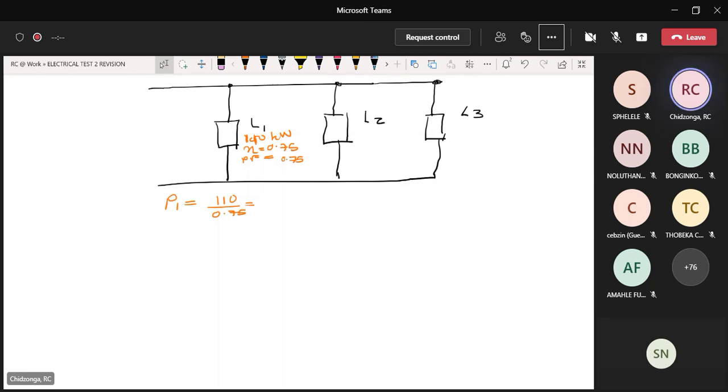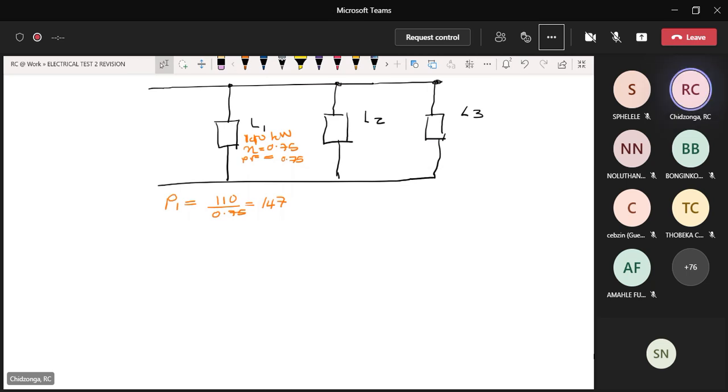110 divided by 0.75 is 147. I won't write kilo, we know we are talking about kilowatts. So it's 147 kilowatts.